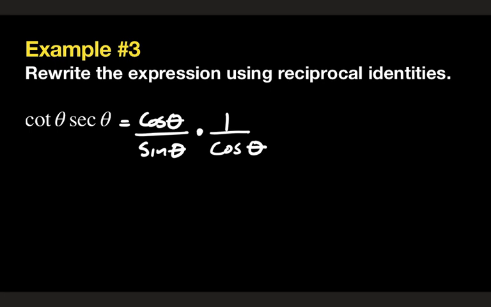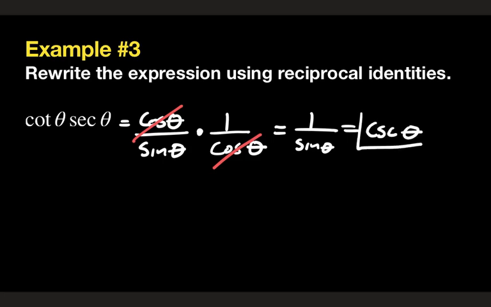You can cross cancel, so this one and this one cancel, and you're left with 1 over sine theta, which is the same thing as cosecant theta. So that's going to be our answer, cosecant theta.